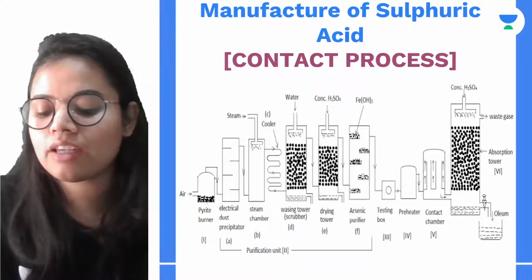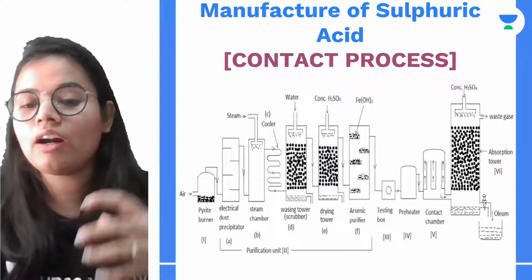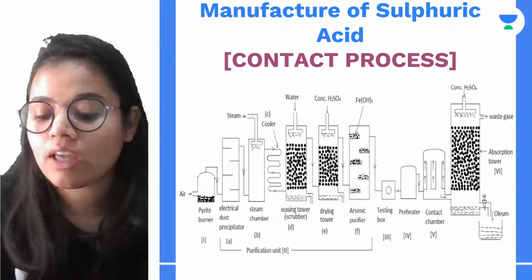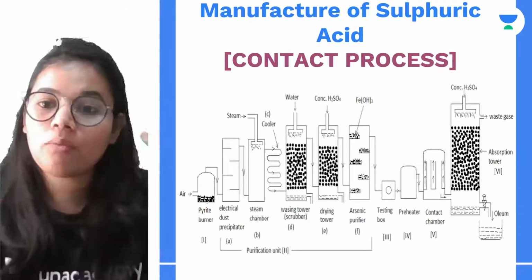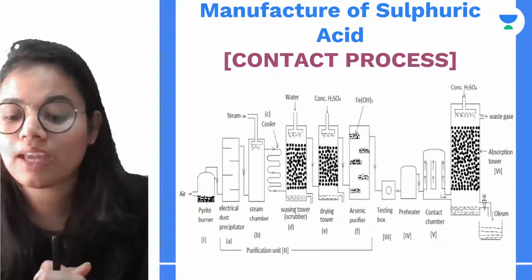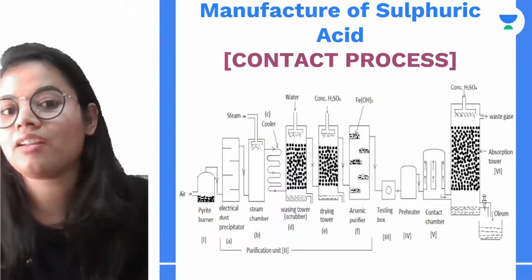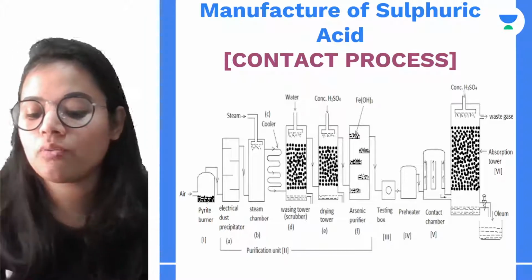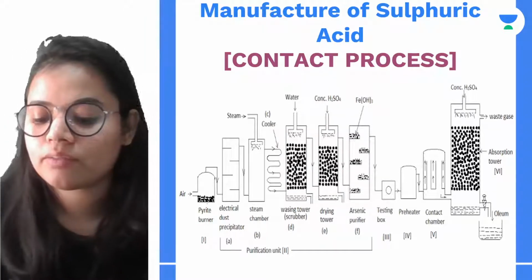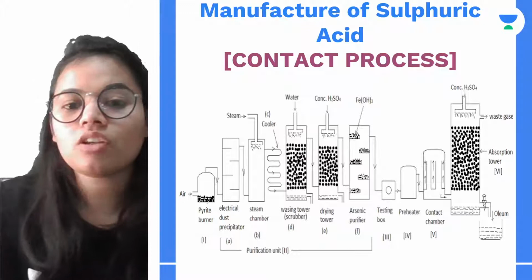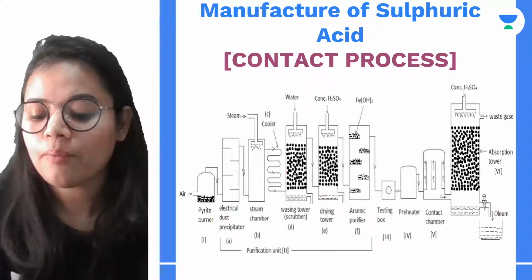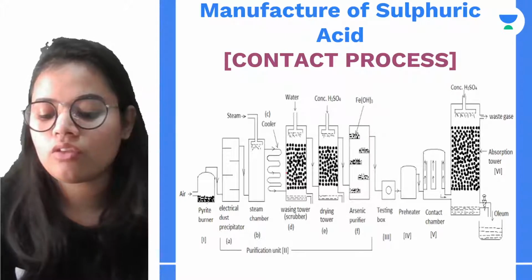Even if you know the whole process of manufacturing sulfuric acid, if you don't know that it is called the contact process, you won't be able to answer. That is why you should know the various processes.